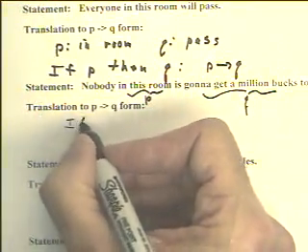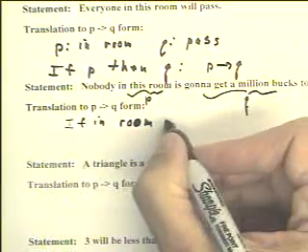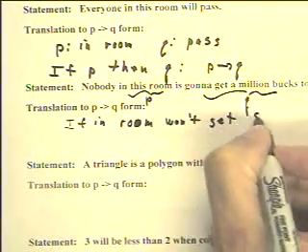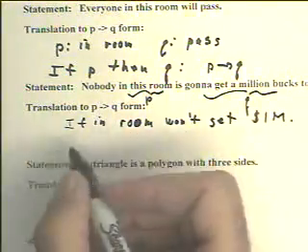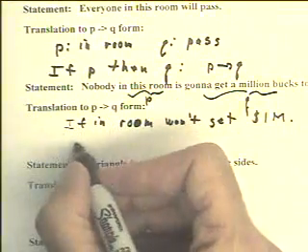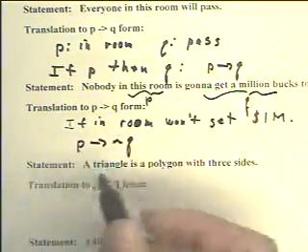So it's equivalent to say if you're in the room, you won't get $1 million. So again, that's a statement. Now that would be written if P then not Q in this case.